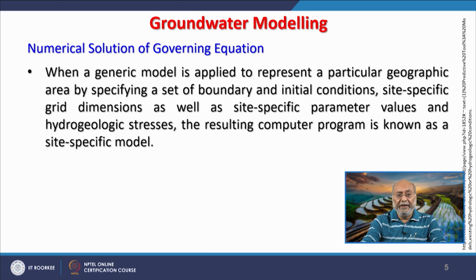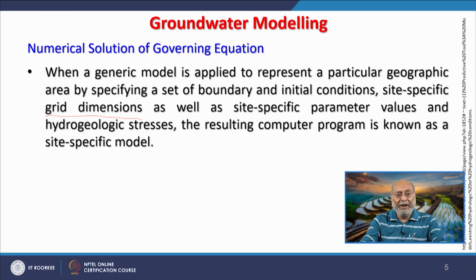That means that if a computer based numerical solution has been developed in generic form, then depending on the area, the boundary conditions, initial conditions, and site specific grid dimensions, because most of these work as raster or in grid dimensions, they are basically exploiting the concept of mathematical matrices as well as site specific parameter values and hydrogeologic stresses, and the resulting computer program is known as a site specific model. So, we can have a generic model, and we can have a site specific model.